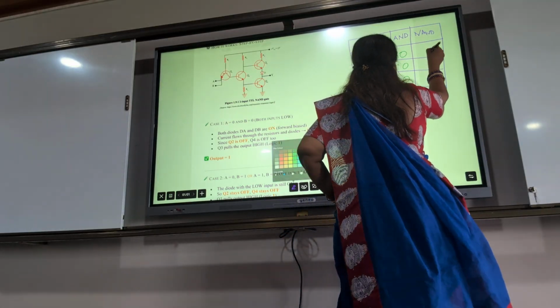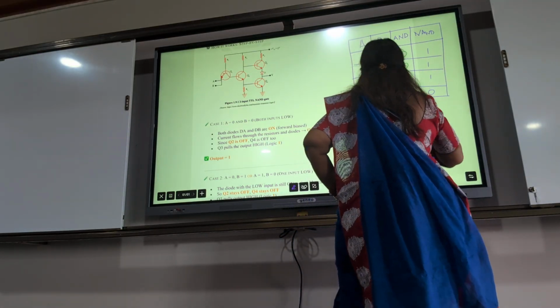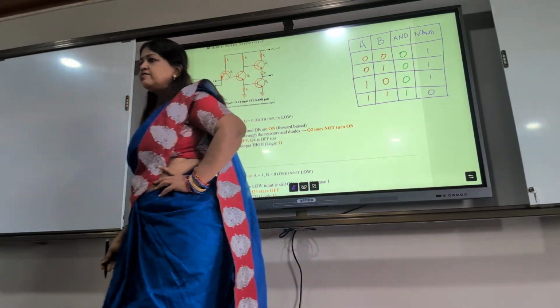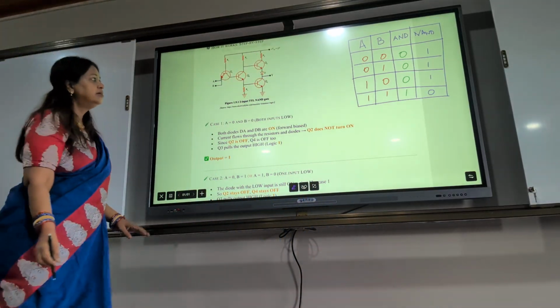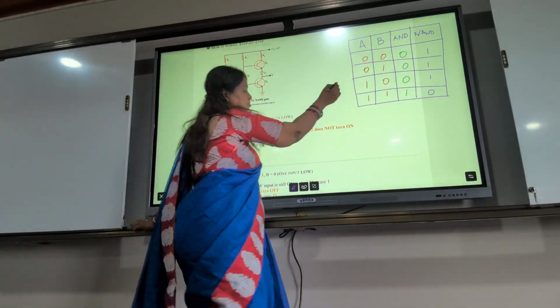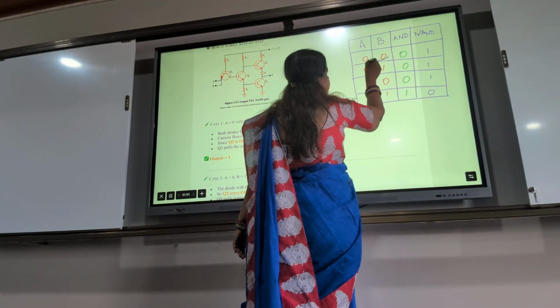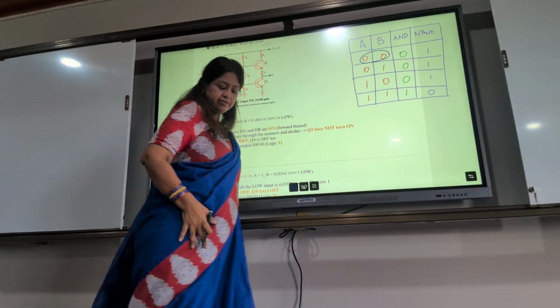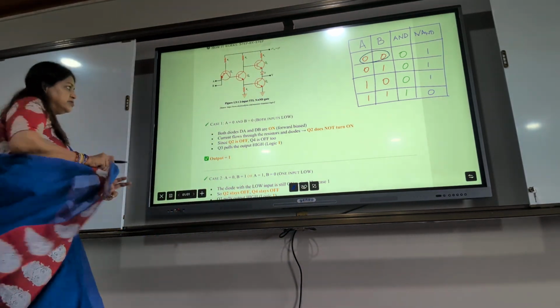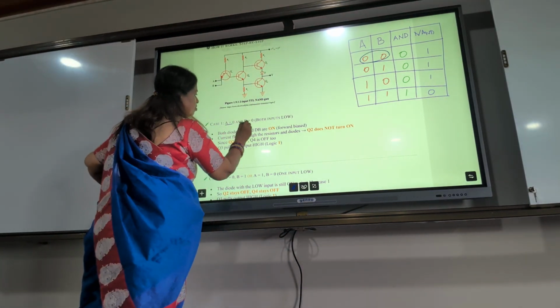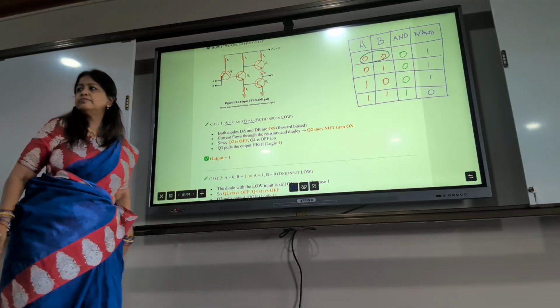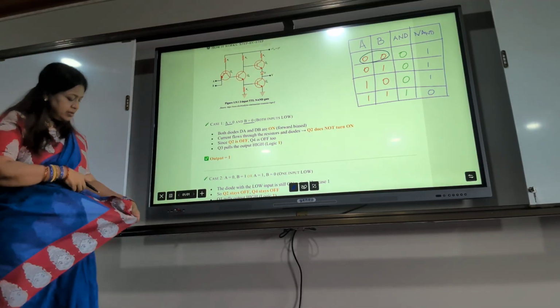So our circuit should produce this. Taking the first condition 0 0: A equal to 0, B equal to 0.